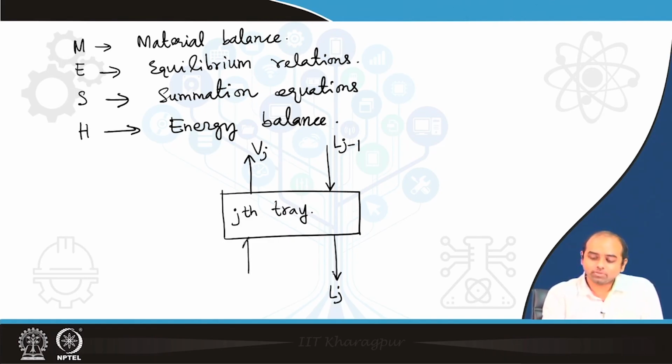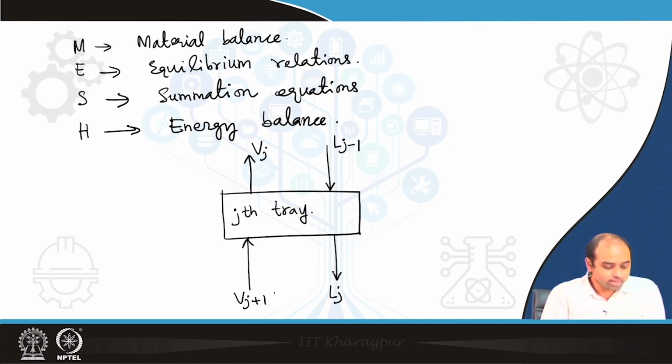Similarly, the tray below this jth tray will have index j plus 1. That is how these are consecutively numbered from 1 to n from top to bottom. So the vapor coming from the tray below will be marked as Vj plus 1. This is the nomenclature we will follow.